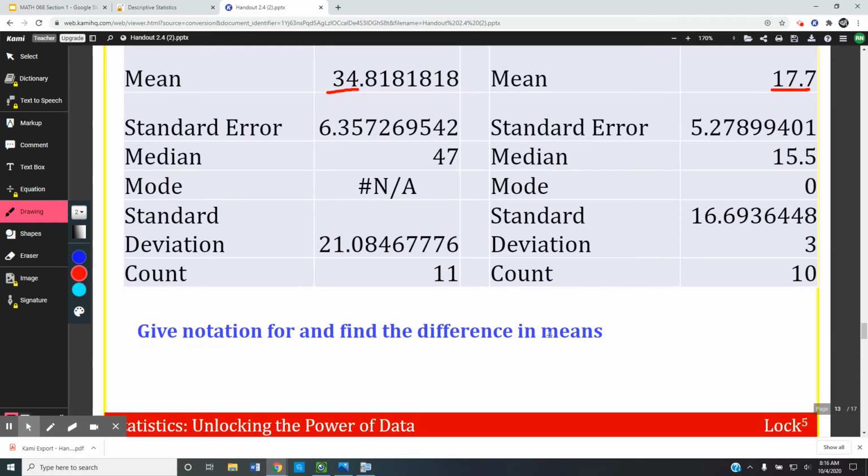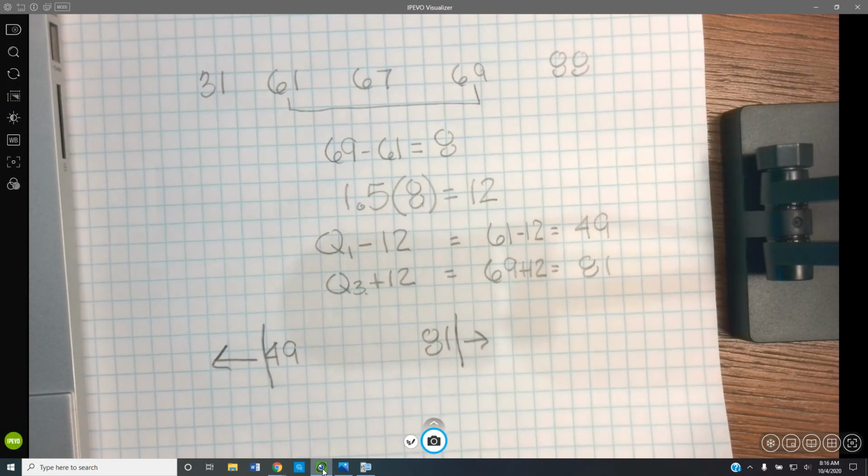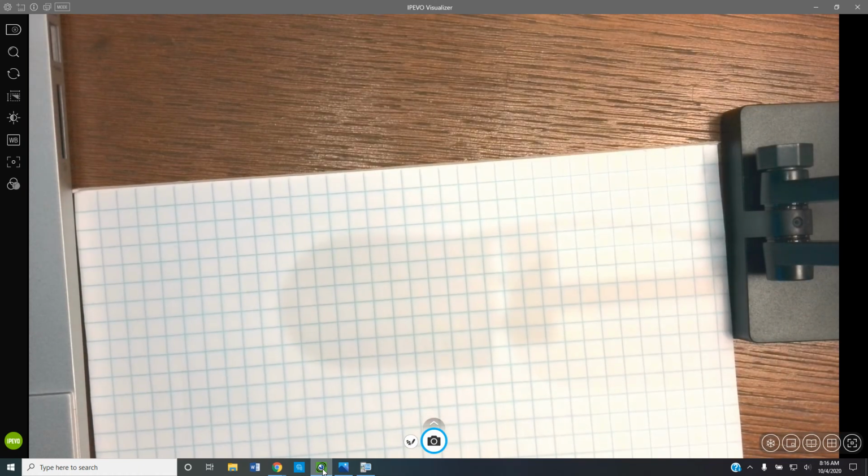Give the notation for and find the difference in means. Okay, so I'm going to go to my writing tablet for this because this will be easier for me to actually write out for you. So first of all, we're talking about mean values here.